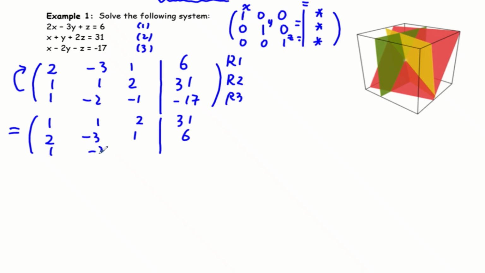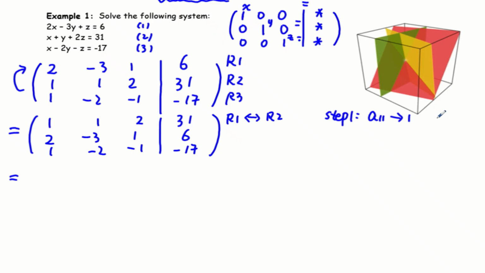1, -2, -1, -17. And here we write R1 switch with R2. This is our operation. After that, we want to focus on the first column. So step 1, we want A11 to be 1.